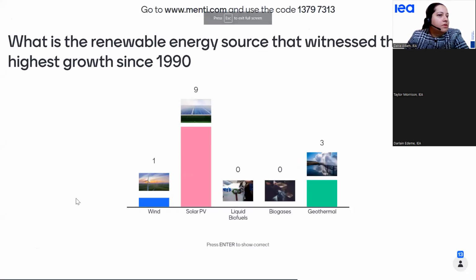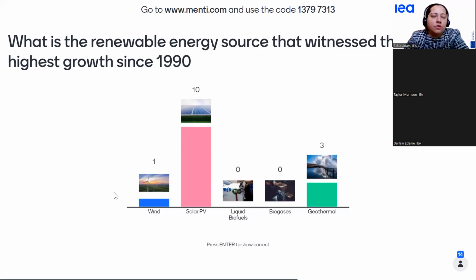So we have 13 participants that replied, and 9 said that it's solar PV. Some are saying geothermal, some wind. So globally, what is the renewable energy source that witnessed the highest growth since 1990?